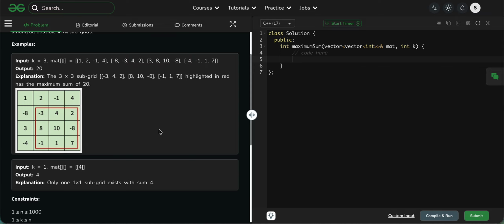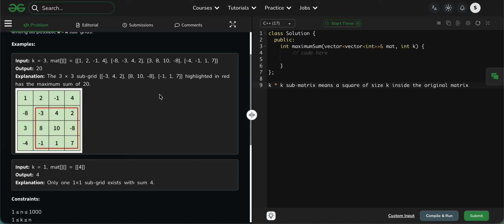Our task is to find the maximum sum of any k by k square submatrix. A k by k submatrix means a square of size k inside the original matrix, correct?